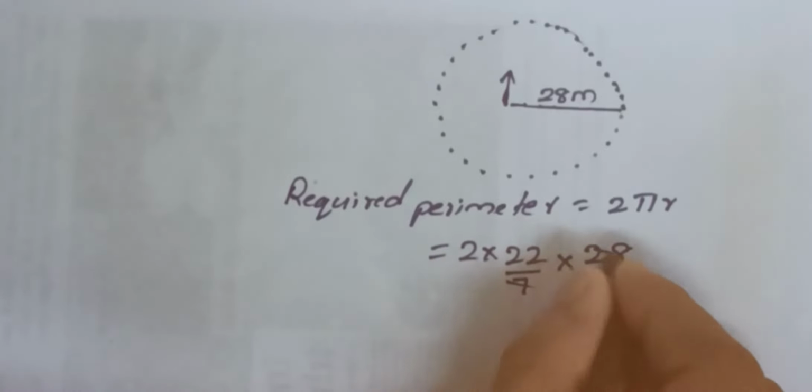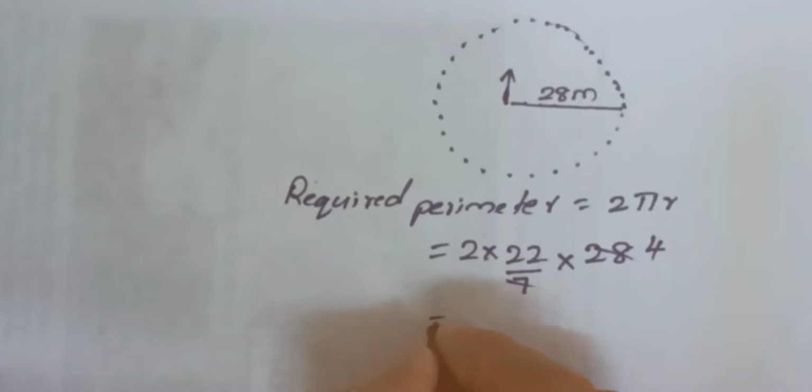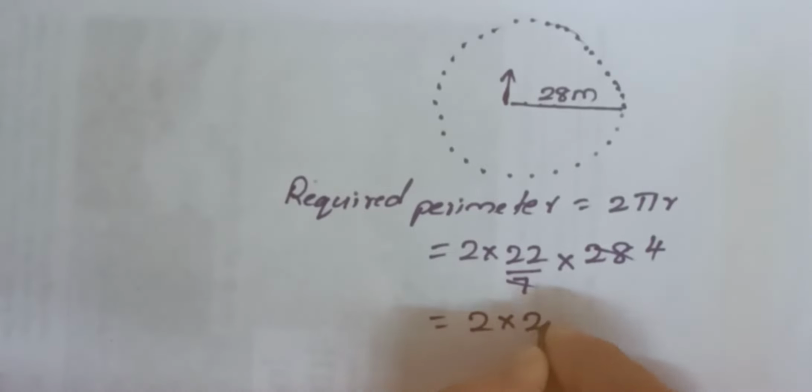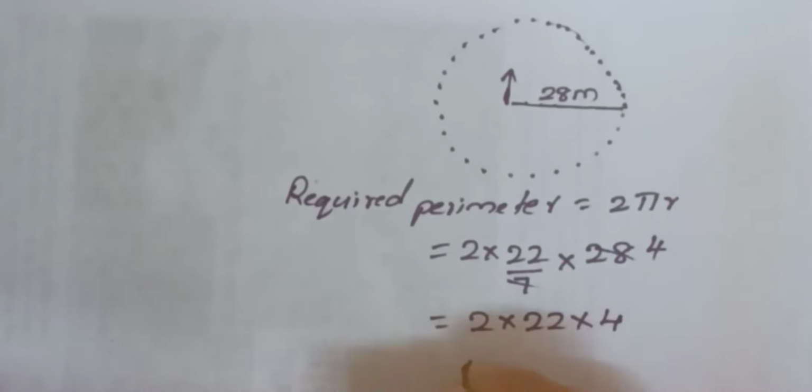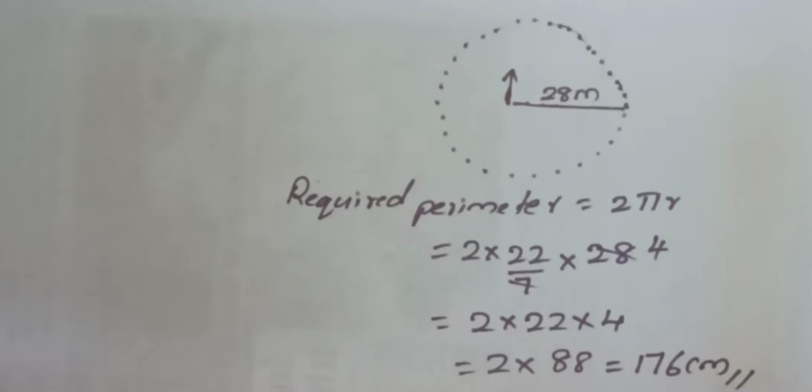So on cancelling you will get 4 7s are 28, isn't it? That's equal to 2 into 22 into 4. That's equal to 2 into 88, 2 8s are 16, 2 8s are 16 plus 1, 176 centimeter. So required perimeter is 176 centimeter.